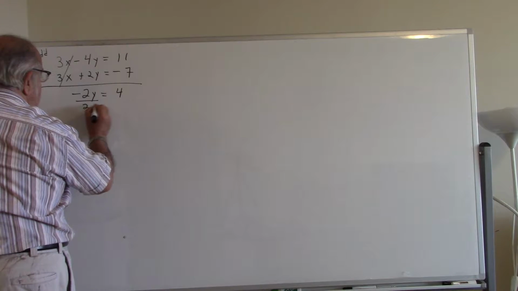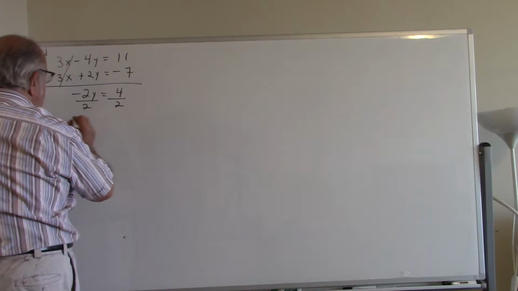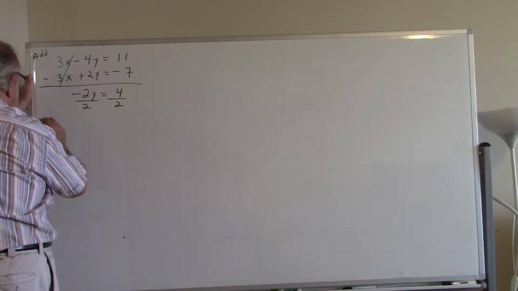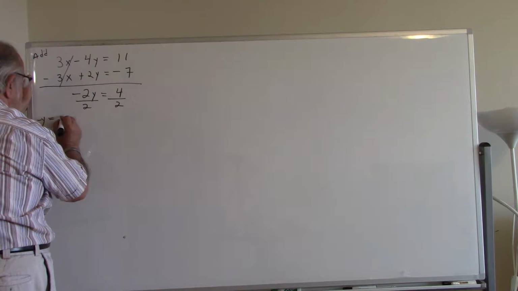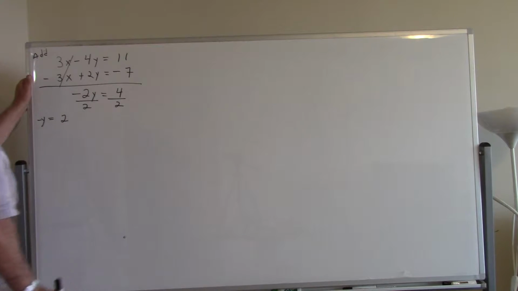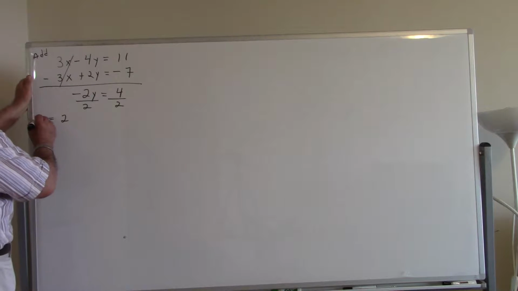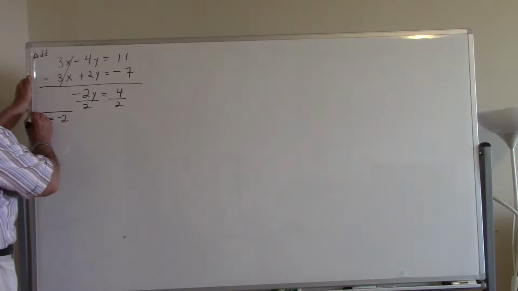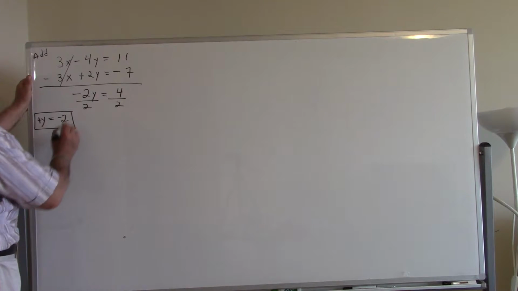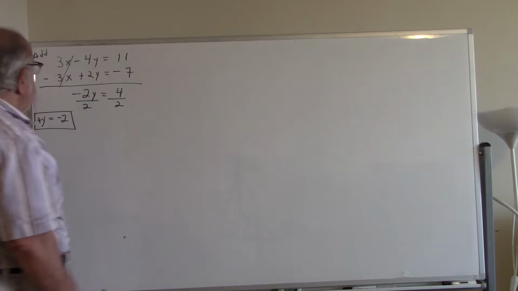Divide each side by 2. You have minus y equals 2. Yeah, that looks good. Change the sign, make this a plus, and make this a negative. And there's your answer, y equals minus 2.